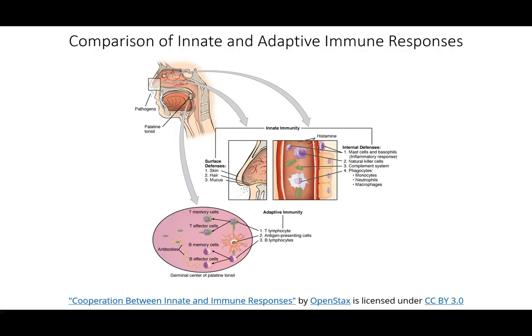Anything that's foreign and not normal is recognized by our adaptive immune response. Obviously, this can have some mistakes in it, and that's where we get into autoimmune disorders, which we'll talk about in another video.